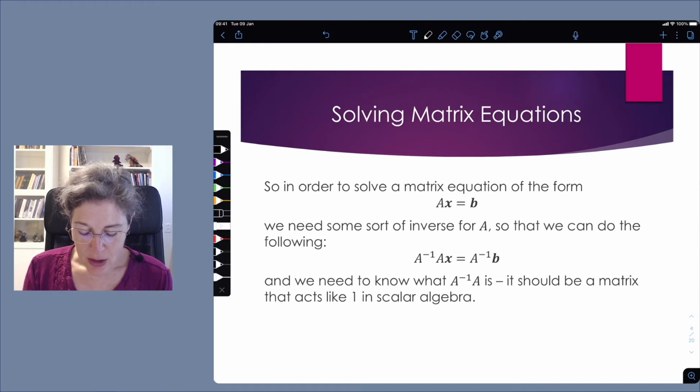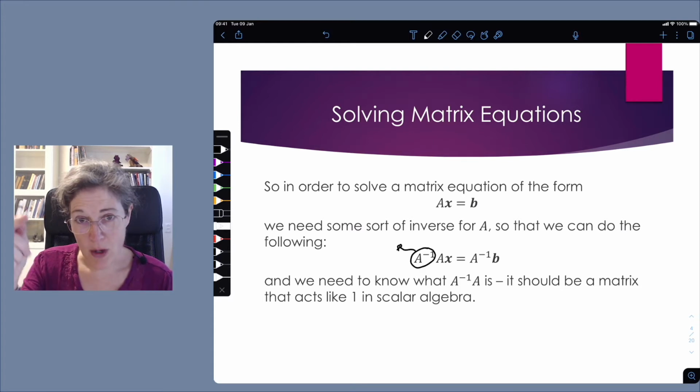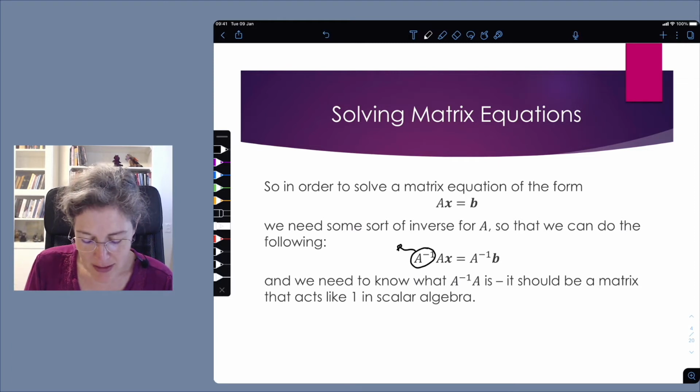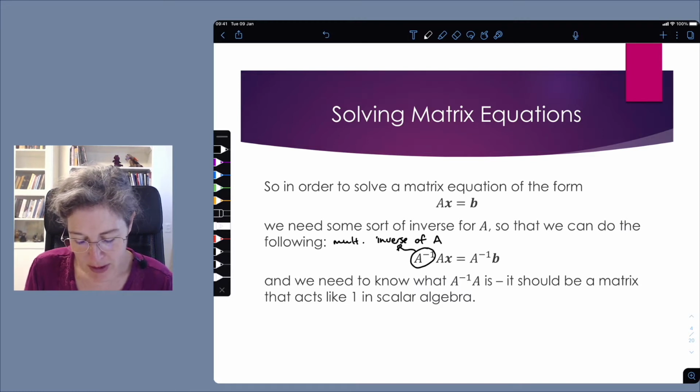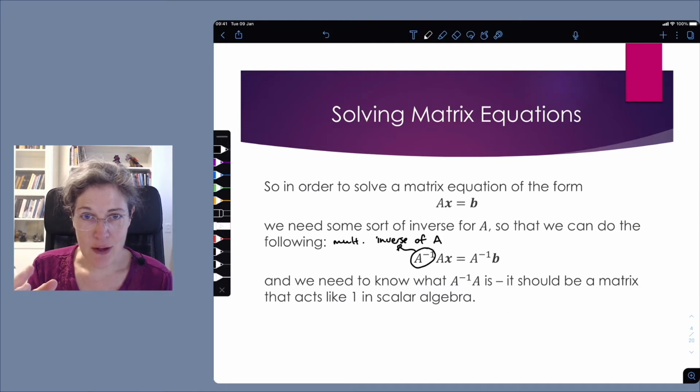Well, we need to find some matrix A to the minus 1, which I'm not thinking of as 1 over A. I'm thinking of this as the inverse of A, again the multiplicative inverse of A. So I want to find this magic matrix A inverse, so that when I take A inverse times A, what I really just get is some kind of matrix 1.